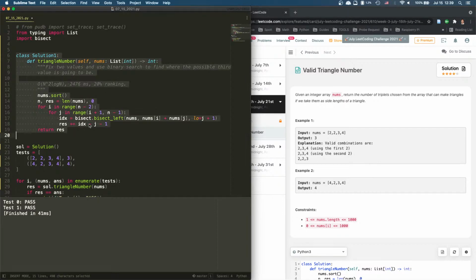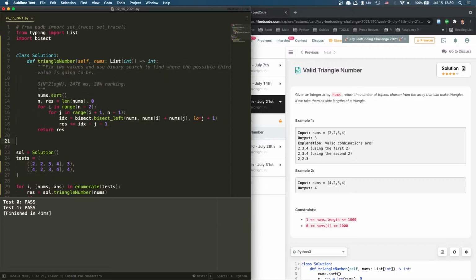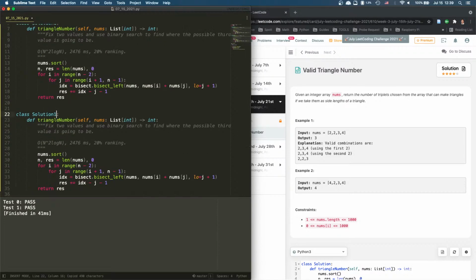I mean, can we figure out the solution directly from this table? I don't know. Let's just do this one and then see how it performs.